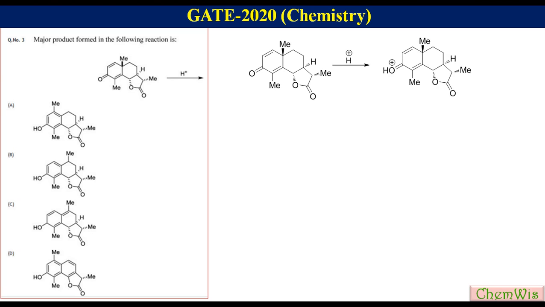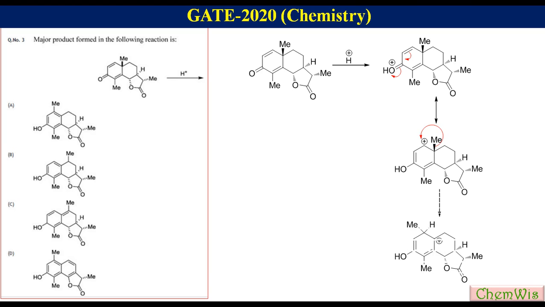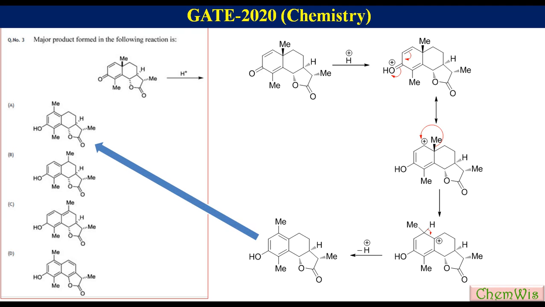It can undergo resonance to produce this dienol cation, having the cation at a secondary carbon. It undergoes a 1,2-methyl shift to produce a more stable tertiary cation. Now aromatization by the removal of a proton gives this phenolic product, which is option A.